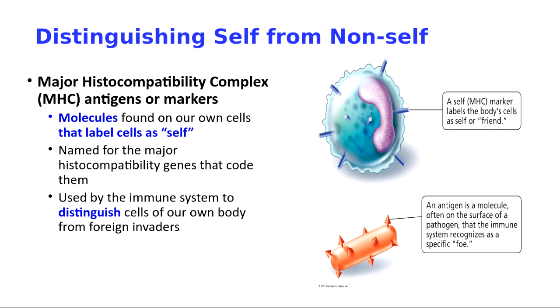But it's just so that you know, there is this big umbrella, a very general term, that encompasses all the different markers in our cells that make us unique, that make us self. In that way, the presence of those markers is what triggers the immune system.